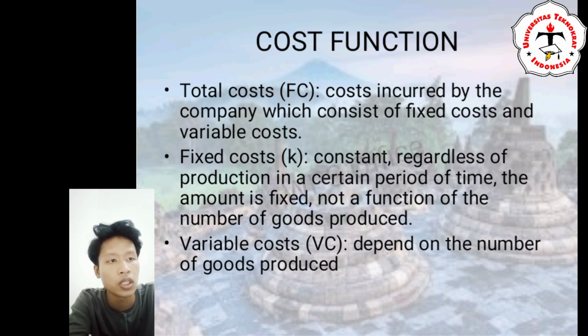The amount is fixed, not a function of the number of goods produced. Variable costs, or VC, depend on the number of goods produced.